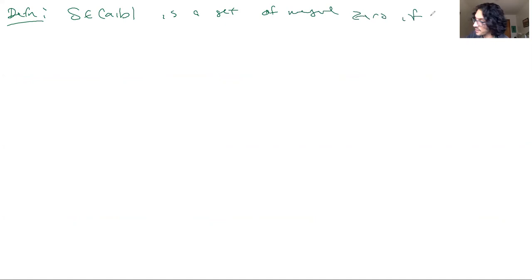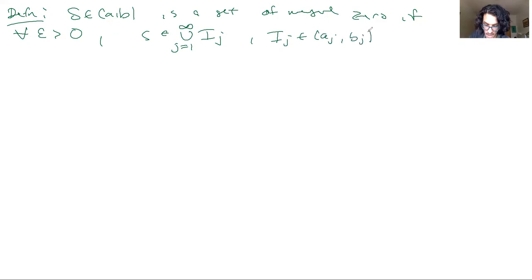So the definition is that S in [a, b] is a set of measure 0 if for any epsilon greater than 0, S is in the union of the intervals I_j, where I_j is some (a_j, b_j), and the sum from j equals 1 up to infinity of the lengths b_j minus a_j is less than epsilon.